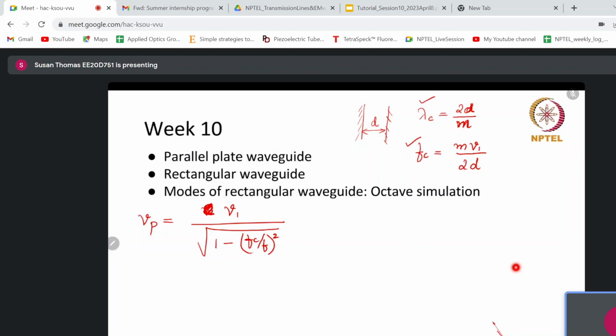Here, Fc is the cutoff frequency, and all the frequencies greater than Fc get propagated. This expression of phase velocity indicates that the phase velocity is a function of frequency.